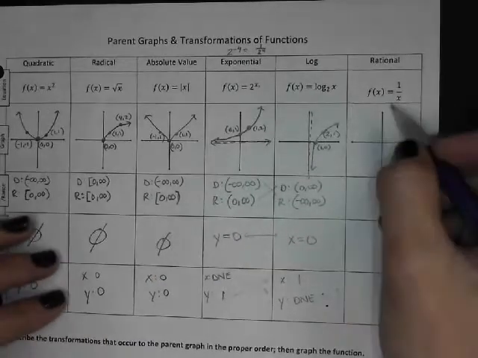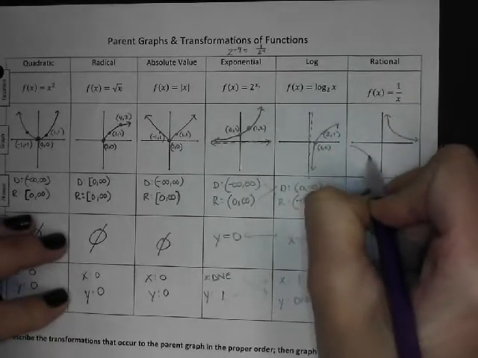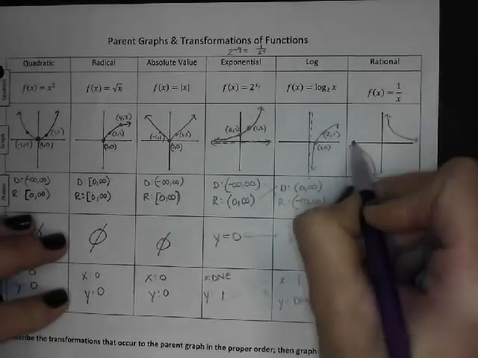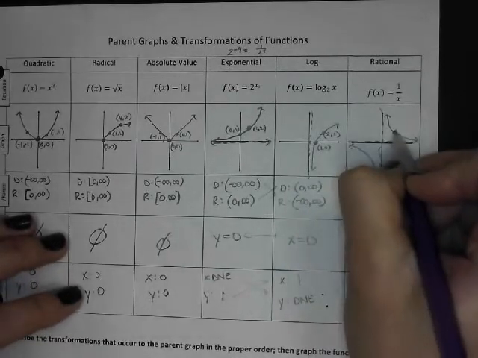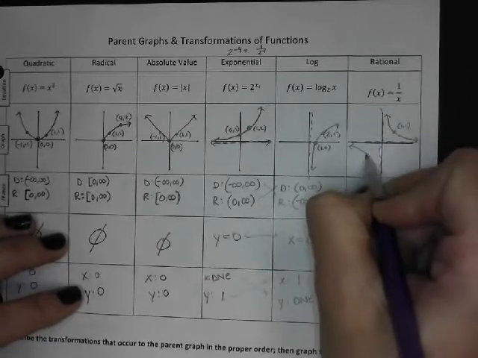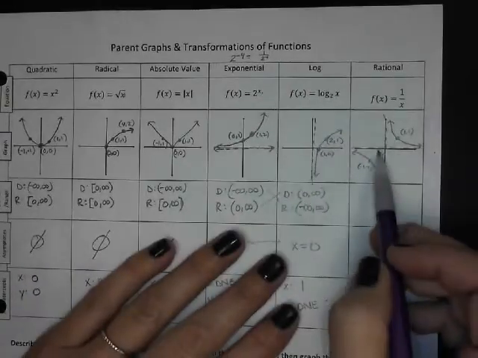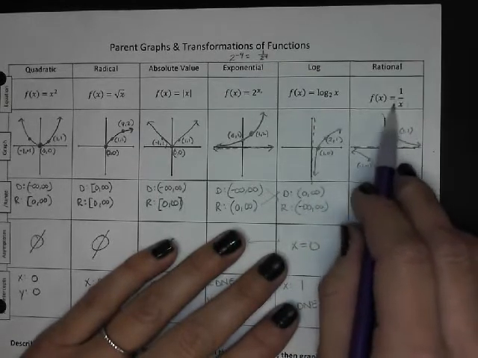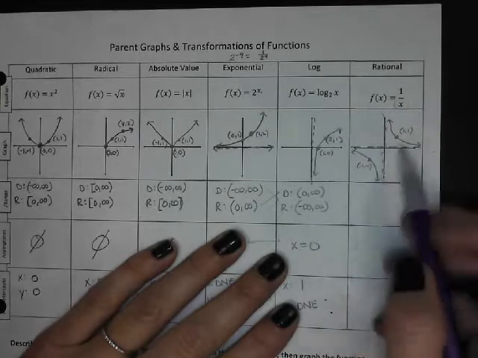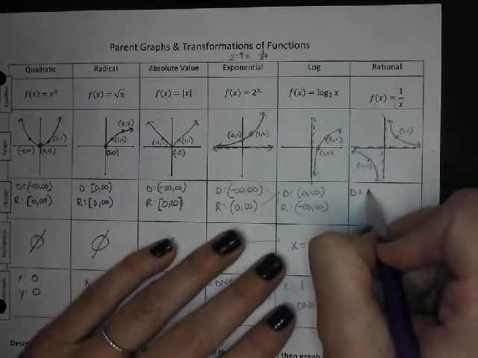And lastly, the rational graph. It's kind of the one that comes in 2 parts, like this. You have 2 asymptotes, the x-axis and the y-axis. Your critical points are (1, 1) and (-1, -1). Domain, you can plug in anything except for x is 0. You can see that there because you can't divide by 0. So domain is all reals except for 0.